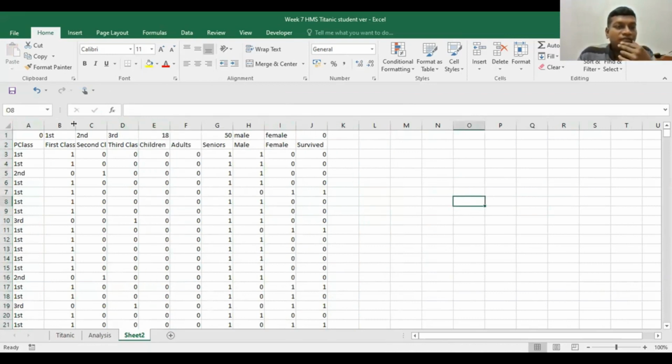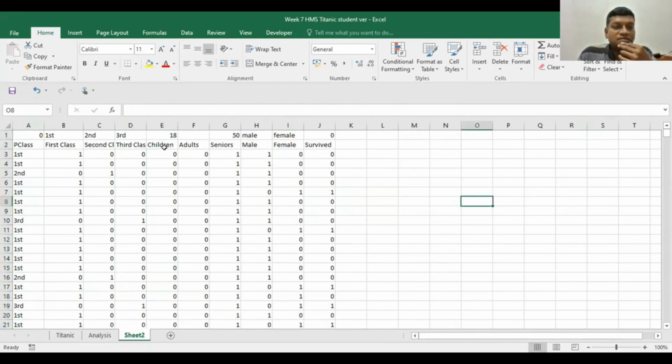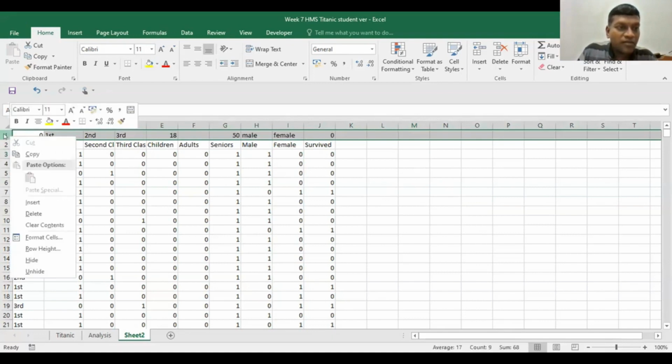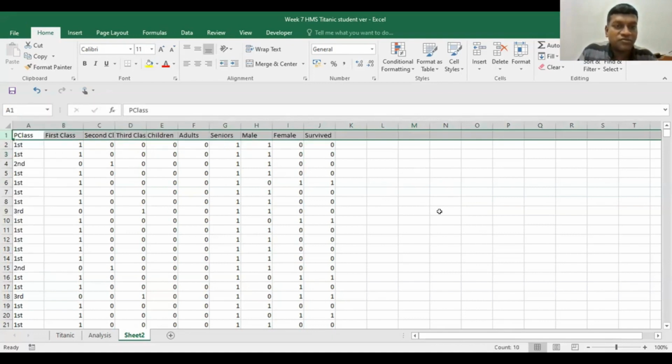Okay, I have first class, second class, third class, children, adults, seniors, male, female, survived. Okay, now let me just run a quick check for data integrity. Now I also don't need the first column, first row anymore. I'm deleting that also.